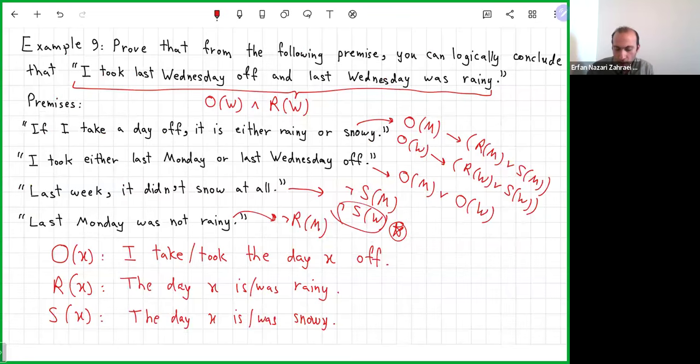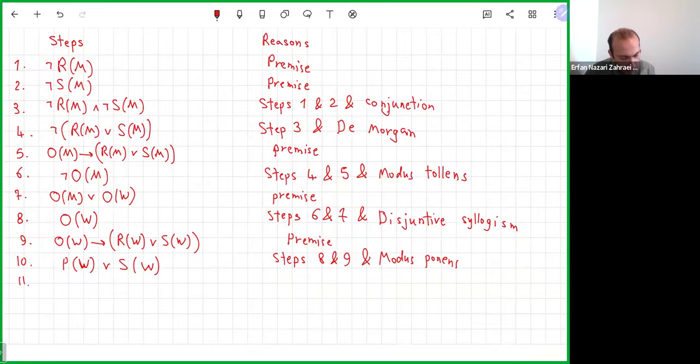Now, let's use the only thing that we have not used yet. This is the only premise that I have not used yet. So let me use that. Not a snowy Wednesday. 11, not Sw. Step 10, that's just a premise. Then I can use these two steps like the one that I used here. When you have these two, you have an or, and one of them is not true, so the other one should be true.